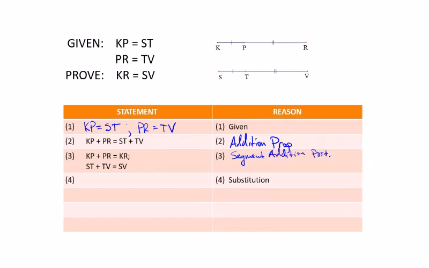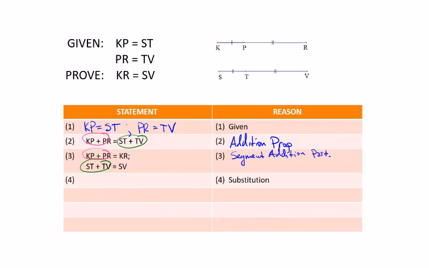And then they did the same thing with ST and TV equaling SV, right? So that's also the segment addition postulate. So we have that.